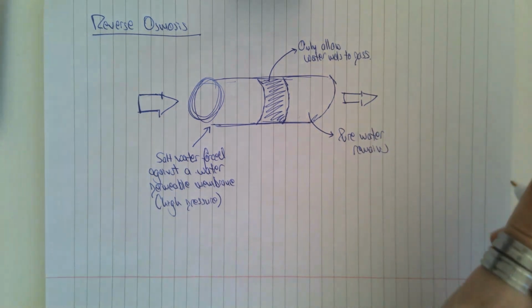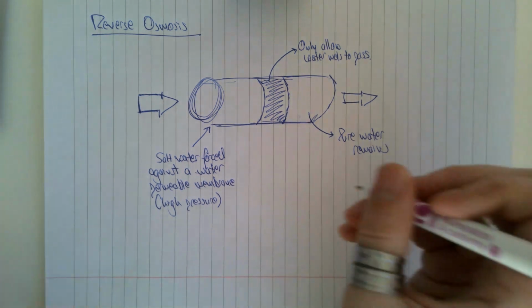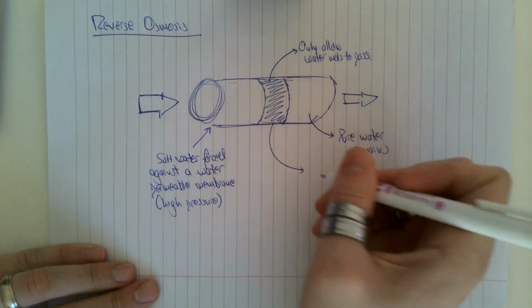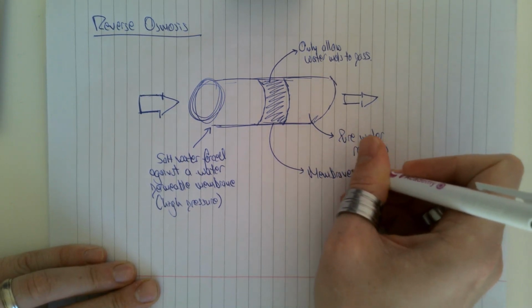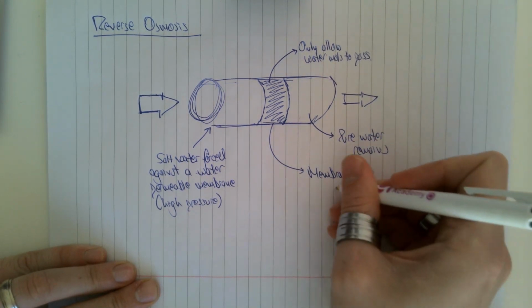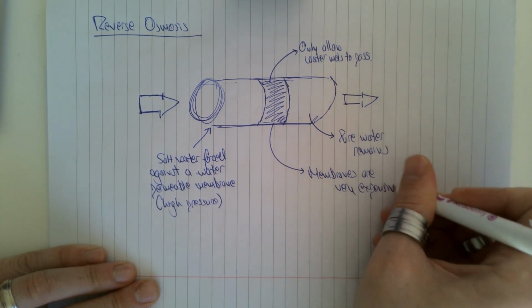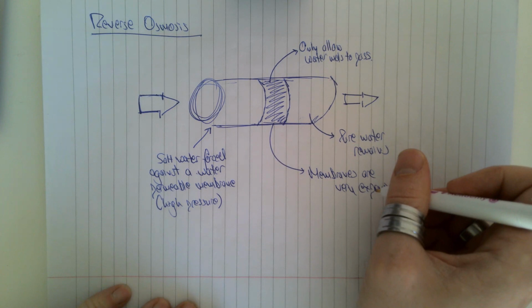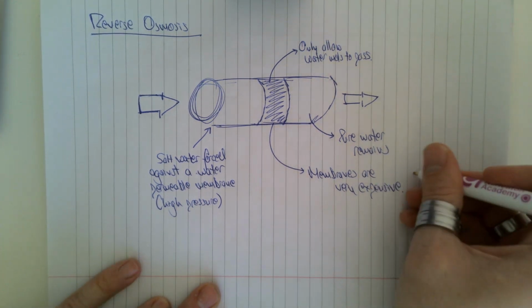Now, thing to bear in mind is that it obviously carries out desalination, but has certain disadvantages in that the membranes are very expensive, and also it has a low efficiency.